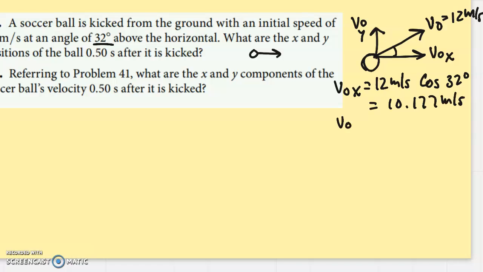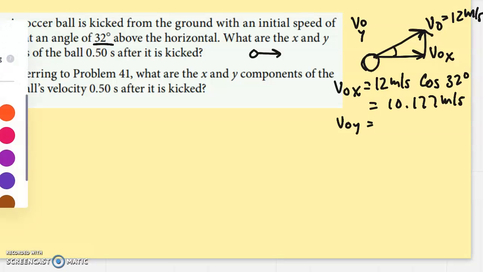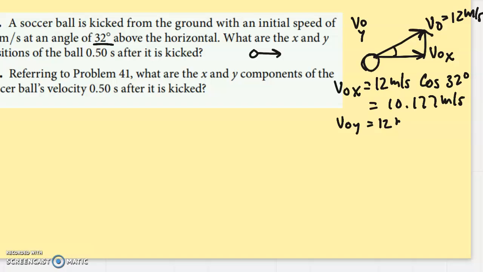And if I want the v0y, since that v0y is not touching the angle, and if you want to see the triangle, I could move it over here like this. Since it's not touching that, I can make it 12 meters per second sine of 32 degrees. And so that's going to end up giving you 6.359 meters per second. Hey, I wrote a lot of significant digits, but both of those are only 2 significant figures.